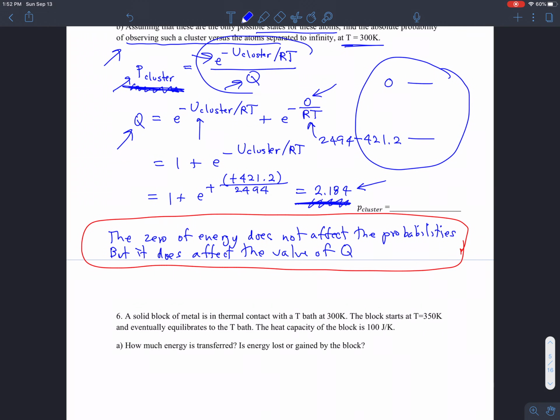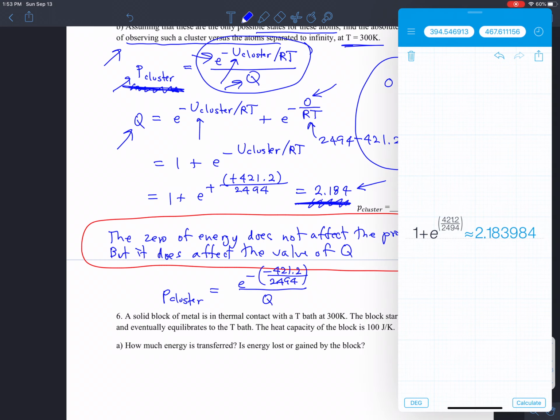P is equal to e to the minus the energy of the cluster over RT divided by Q. So P cluster is equal to e to the minus a minus 421.2 over 2494 divided by Q, and let's see what that is. Let's save this number.